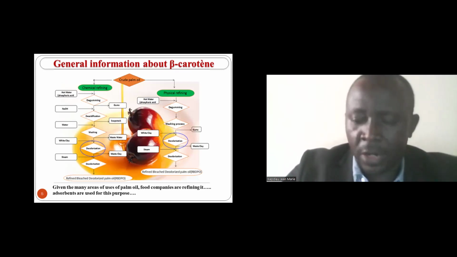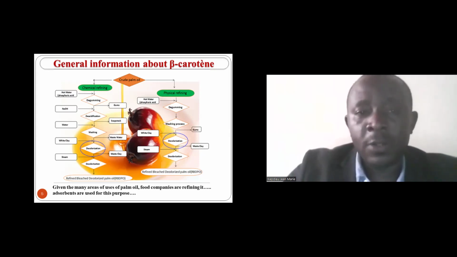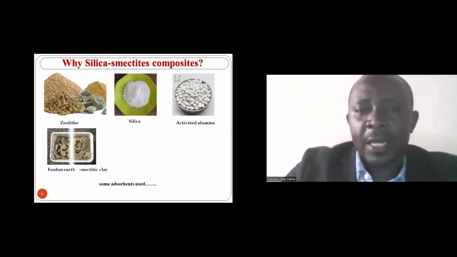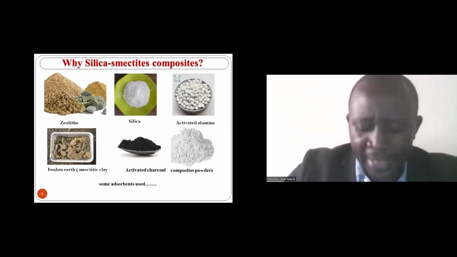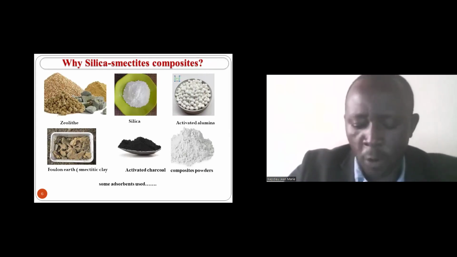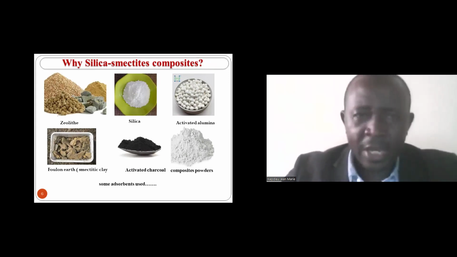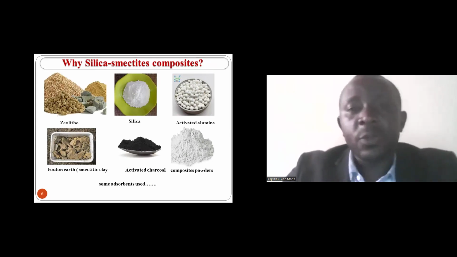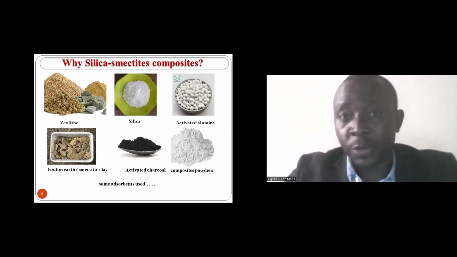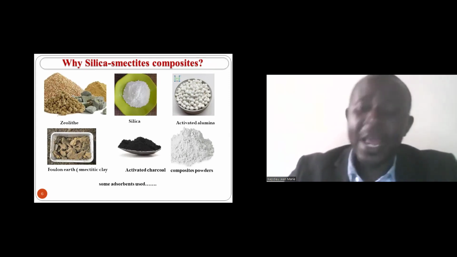And the removal of beta-carotene, which is the main responsible for the color, is achieved through adsorption on adsorbents such as zeolite, silica, activated alumina, smectite clay, and so on. And clays are generally activated with mineral acids and bases, as well as thermal treatment in order to enhance the bleaching yield.